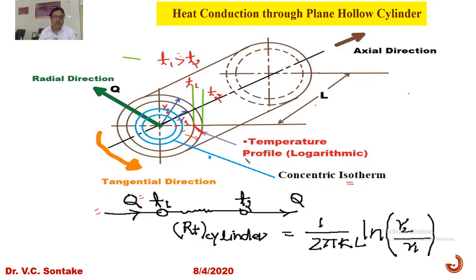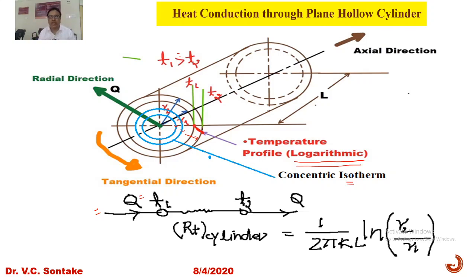So the locus of all the temperatures is nothing but the temperature profile, and in case of cylindrical wall, this profile will be logarithmic in nature, and hence it is drawn by a curved line, whereas in case of plane wall, the temperature profile is linear.